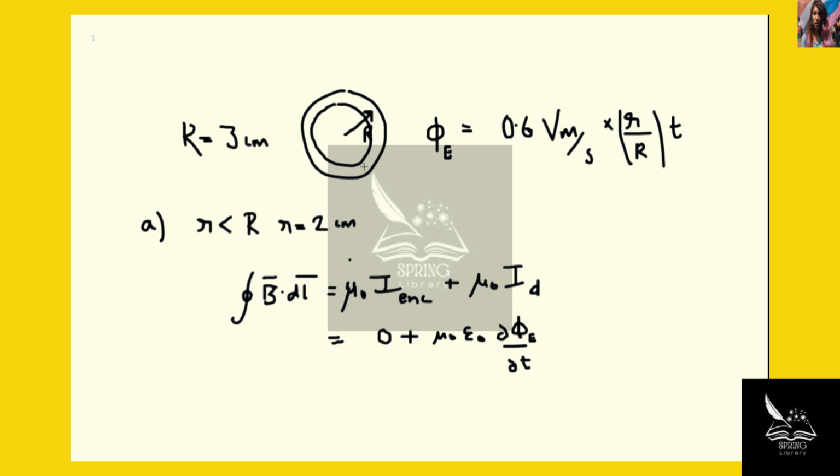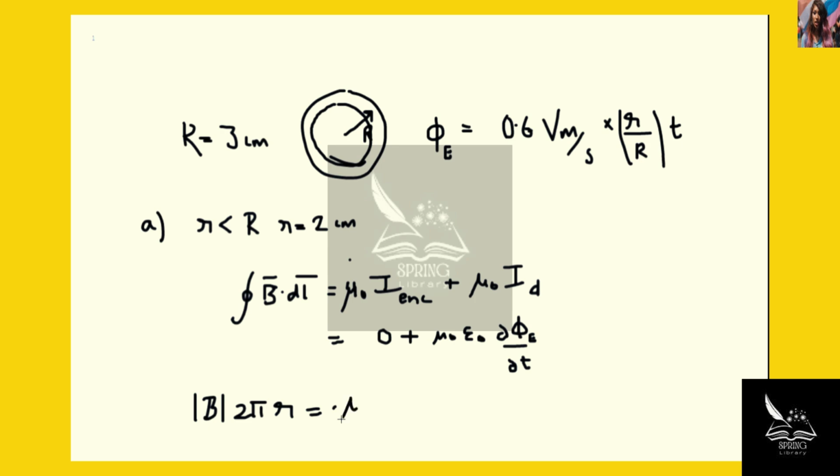Now taking the fact that the magnetic field in this case is constant along the overall loop, we take B outside, and we get the magnitude of B times the integral of dL along the closed loop. Our closed loop is circular, so the integral is 2 pi r, where r is the radius.